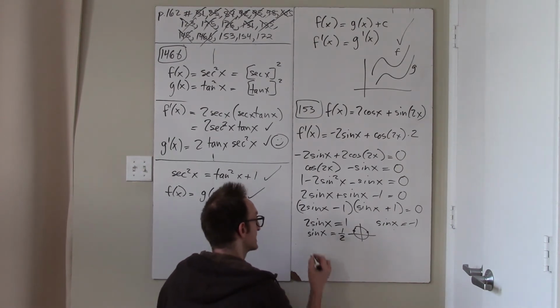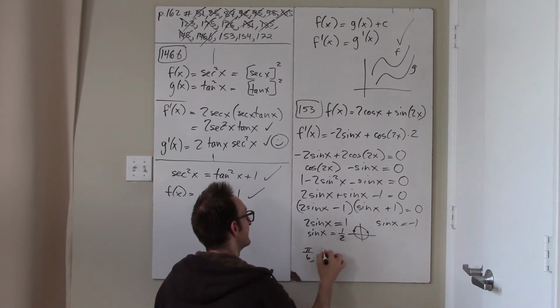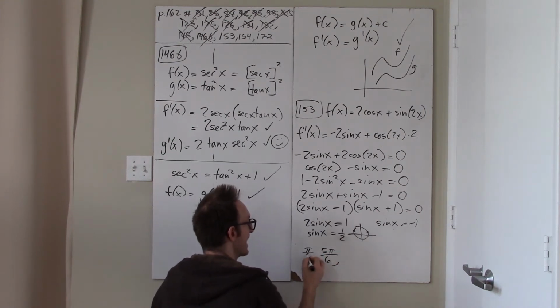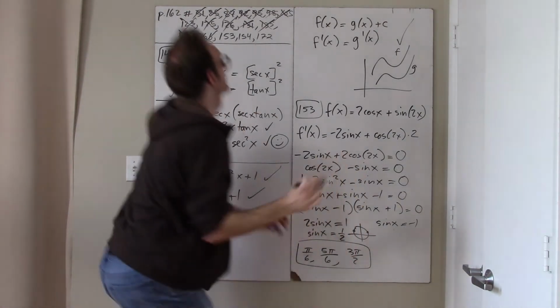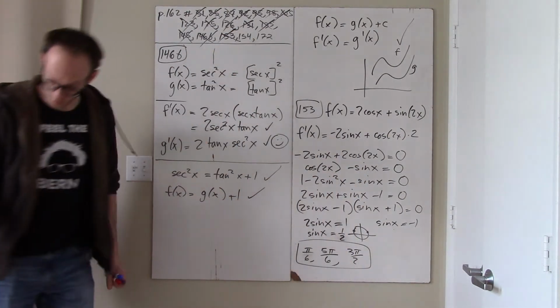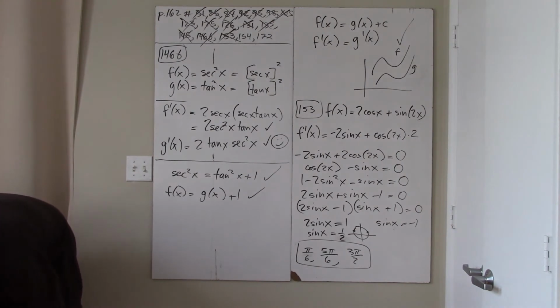So that's going to be pi over 6, 5 pi over 6. Those numbers have sine 1/2. And sine is negative 1 at 3 pi over 2. Okay. Shot. Good. Boom. 2 more problems to go.